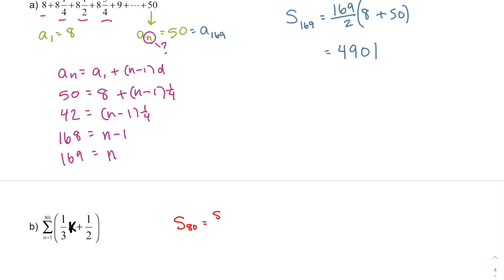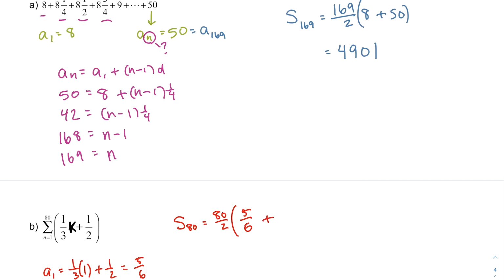So it's going to be 80 divided by 2 times, now we need the first term, so let's find the first term. So it's 1/3 times 1 plus 1/2. So if we find a common denominator, that would be 2/6 plus 3/6, so 5/6.